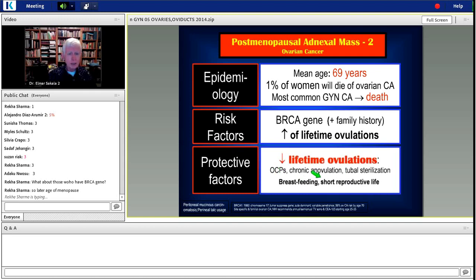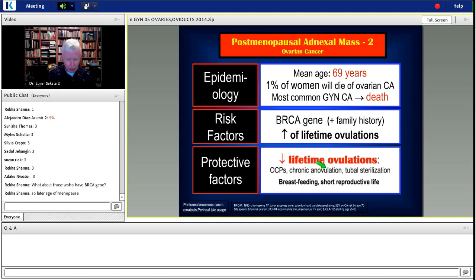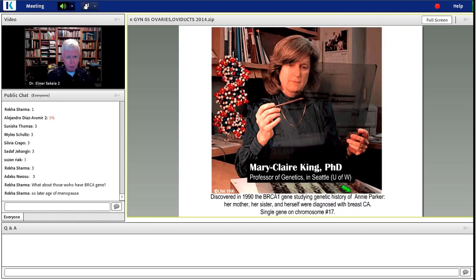Chronic anovulation, polycystic ovarian syndrome patients don't ovulate very often, and they have a lower rate of epithelial cancer. What is really interesting is tubal sterilization can decrease ovarian cancer, and I want to look at that in just a moment. Breastfeeding will decrease the number of ovulations. Short reproductive life will decrease the number of ovulations.